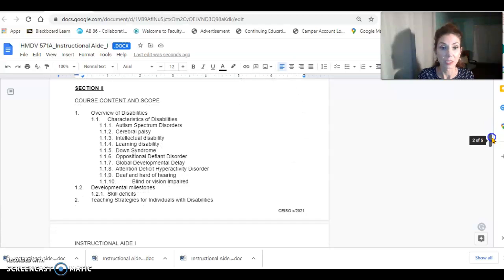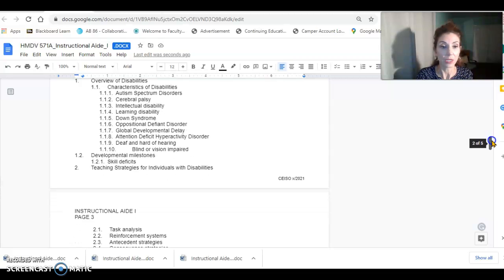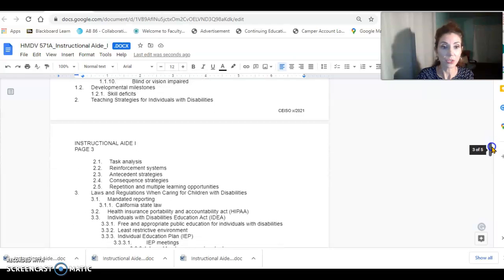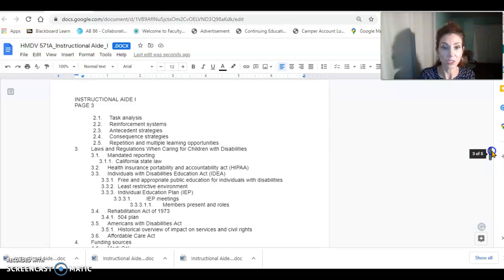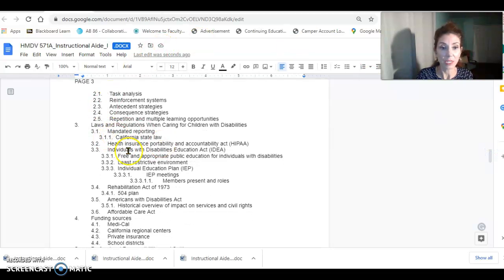So again, we have our list of disabilities, developmental milestones, laws and regulations when caring for children with disabilities, mandated reporting. All of this should be familiar.